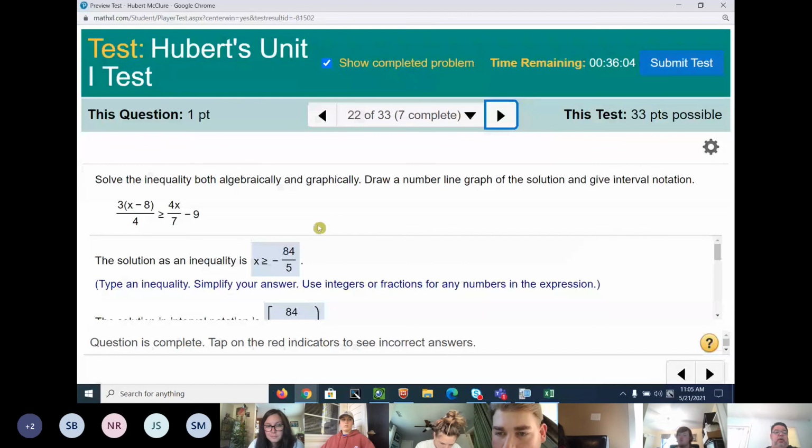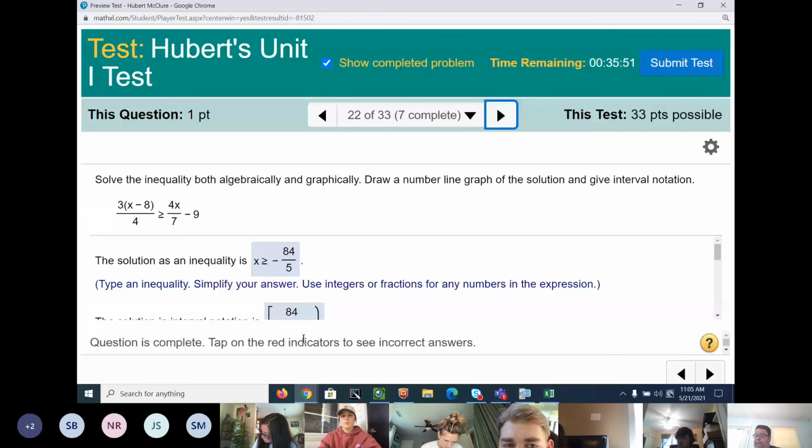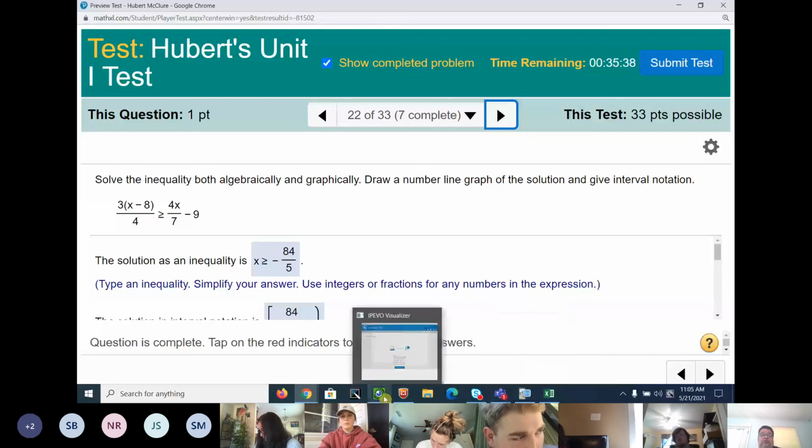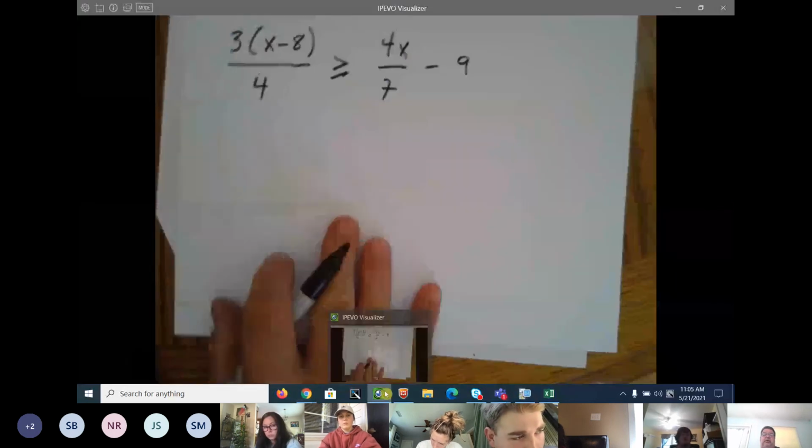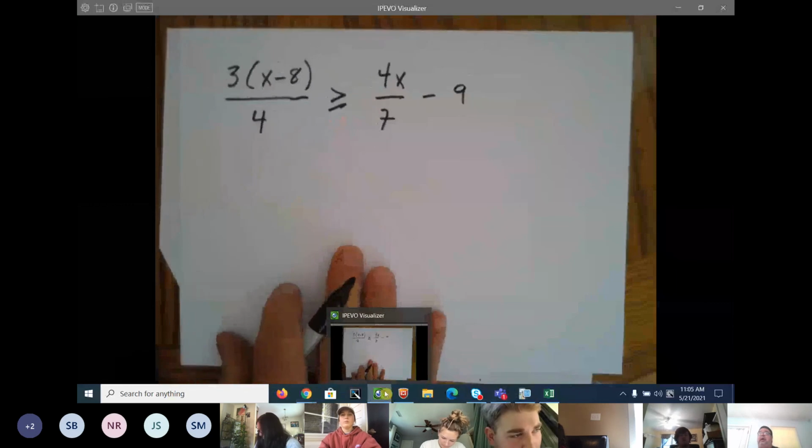All right, there's one. Let's do that one. Clear the fraction first before you do anything. 3 times x minus 8 divided by 4 is greater than or equal to 4x over 7 minus 9. And I guarantee you there's people in here today that would look at this problem and skip it.